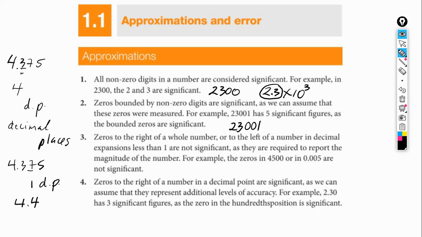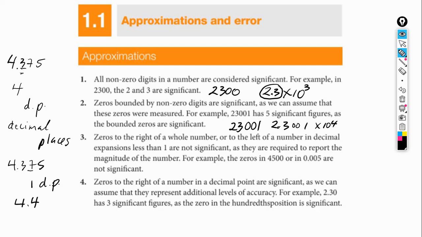And notice you can think again of this in scientific notation, because you would have to write 2.3001 times 10 to the power 4 to represent that number in scientific notation, meaning that all the digits are significant, all 5 digits. Very well.